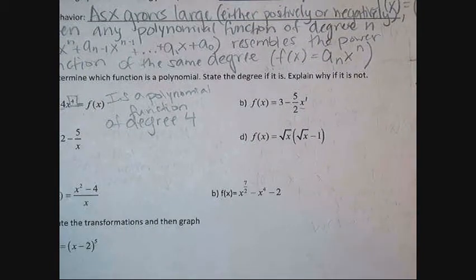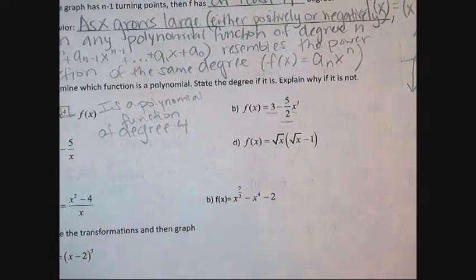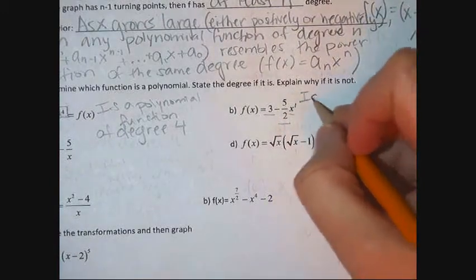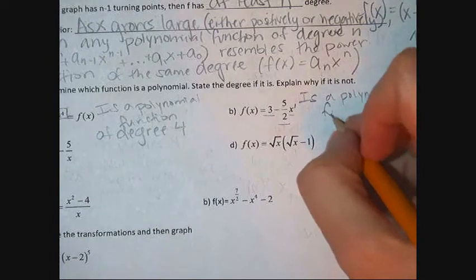Then we move into our third criteria, whether our coefficient is a real number. We look at our coefficients here, -5 halves and 3. 3 and -5 halves are both real numbers. Though -5 halves is a fraction and it is negative, it is still a real number, it is not imaginary. So our third criteria is also fit. We would say that this also is a polynomial function.